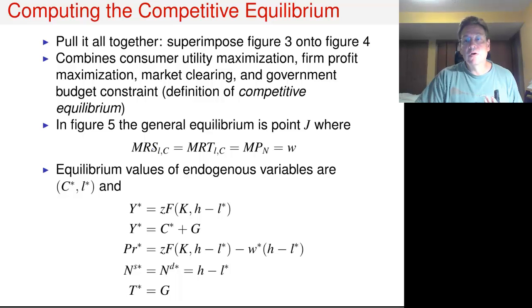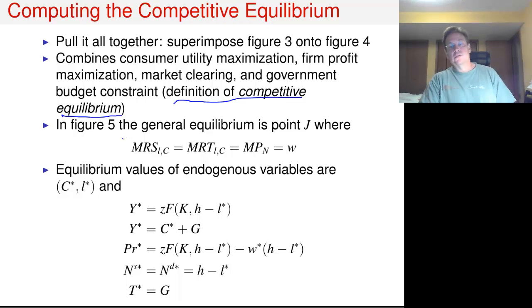It also embeds firms maximizing profits. We have imposed market clearing in the goods market and the labor market, and we've also imposed the government budget constraint. So all in all, we now can produce a picture that embeds the definition of a competitive equilibrium.